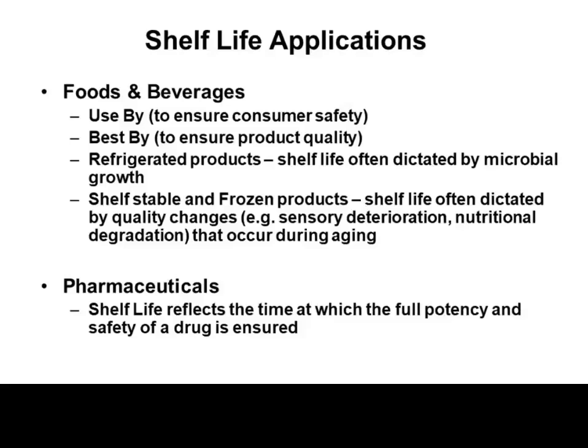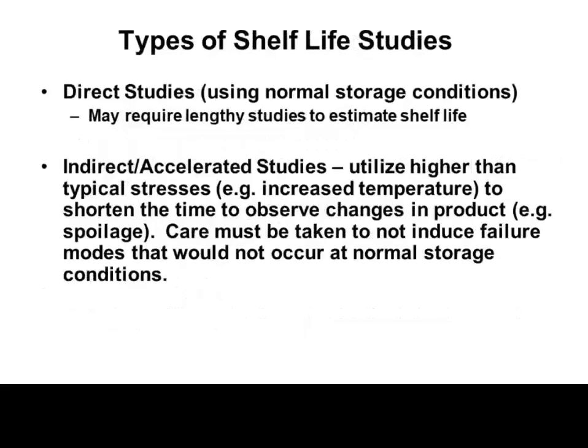With pharmaceuticals, we're often looking to ensure that a patient will consume the drug, that when they do, it has full potency and full efficacy, and of course is safe to use by that expiration date, which is based on the shelf life estimates. So just some examples of some common industries and types of products.